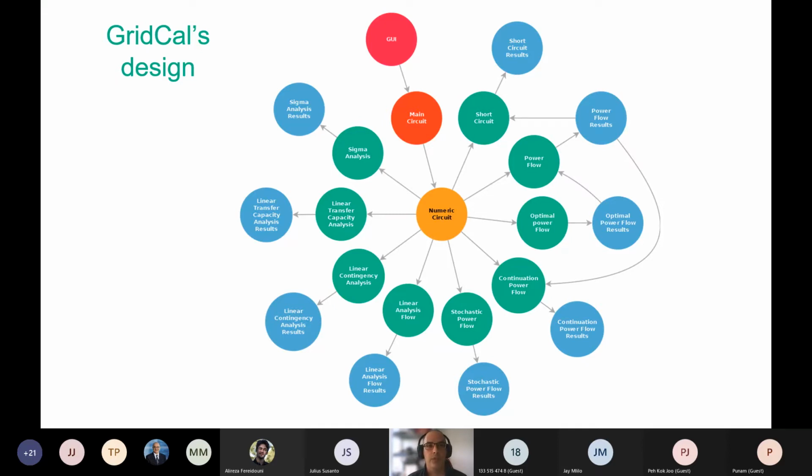But to be able to deal with that, we have to have something in between. We need to have something called the main circuit. And the main circuit is structures that are computationally flexible, but are not good for numerical computation. So for instance, if I want to delete one bus bar from the system, I should also delete the loads and generators attached to that bar or whatever other line that is attached to it, right?